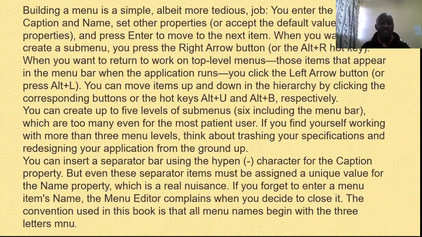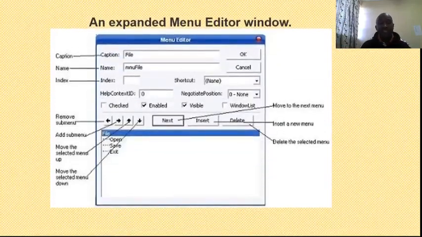For you to understand more and more on this one, you need to actually have a practical session, because you just go through a very long procedure of doing it using the Menu Editor. This is the Menu Editor. We have the caption; we usually write the caption here. We have the name, index.